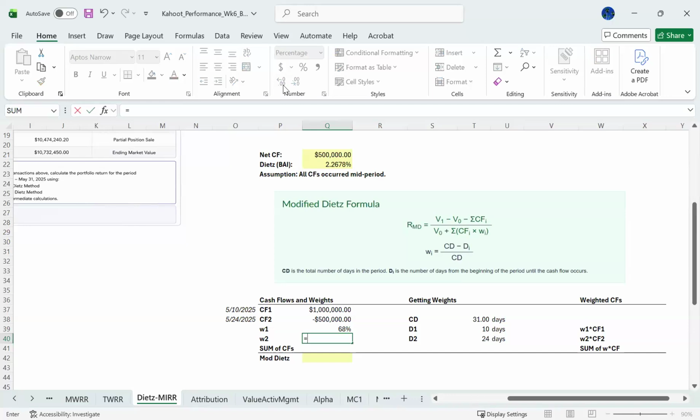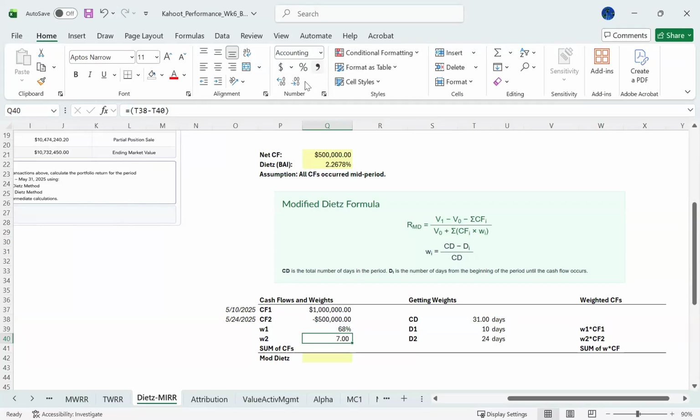What about cash flow 2? We have the overall days, 31 days, minus the number of days into the fund when cash flow 2 was received. Cash flow 2 is less relevant because that withdrawal happened only 7 days before the end of May.